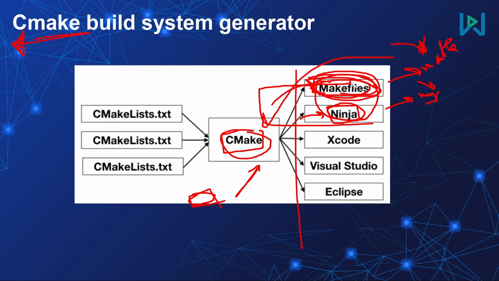Besides the auto-generation of those build-based files, we can instruct CMake to generate certain predefined configurations, as you can see. Those configurations can be imported later on by the targeted IDE or tool. This means we can generate a configuration that can be imported by Eclipse.